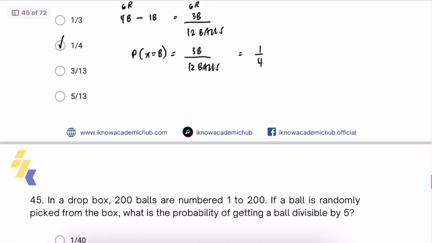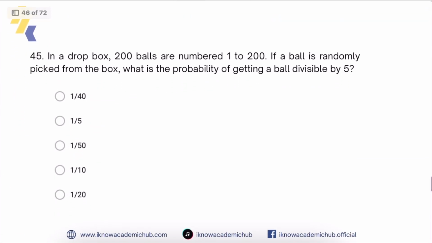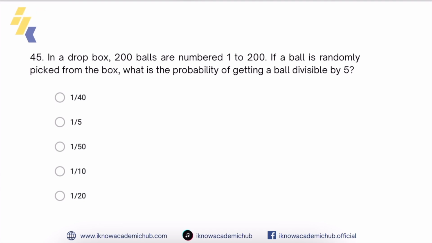Okay. Next, number 45. In a drop box, 200 balls are numbered 1 to 200. If a ball is randomly picked from the box, what is the probability of getting a ball divisible by 5?